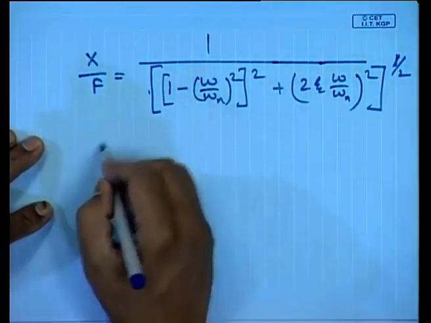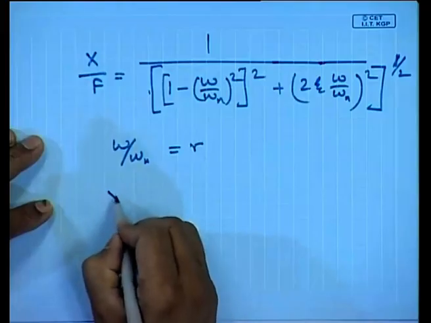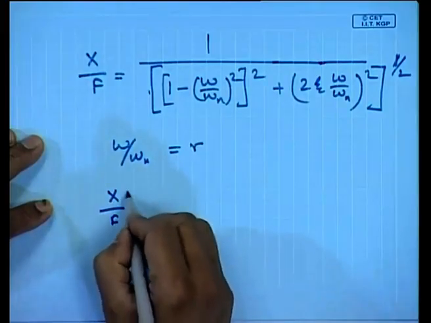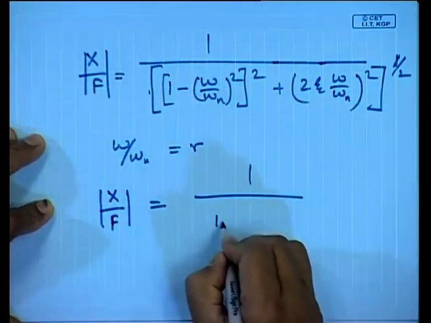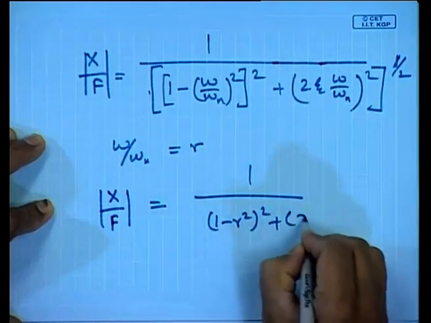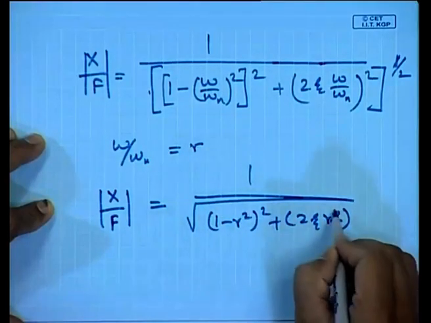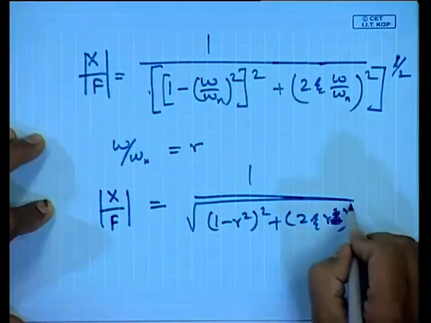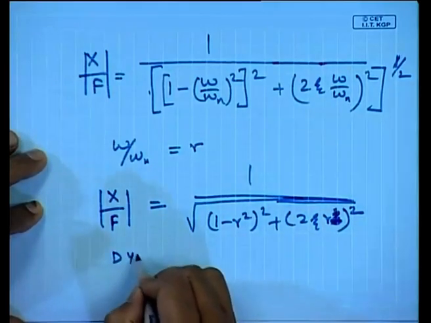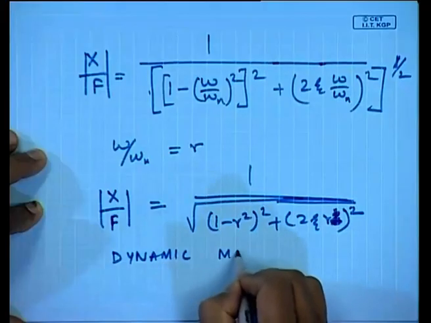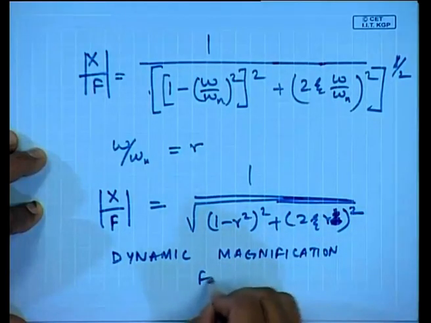If I again denote omega by omega n as r, the frequency response function is given by the same with 2 zeta r whole square, and this is known as the dynamic magnification factor.